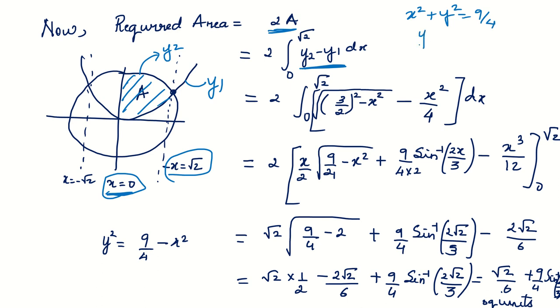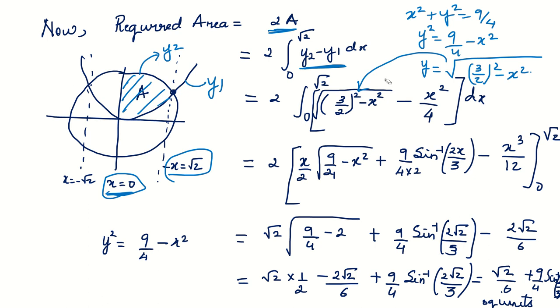I have to write it in terms of y. So y is equal to the square root of 9 by 4 minus x square, that is the square root of 3 by 2 the whole square minus x square. That is what I have written here.